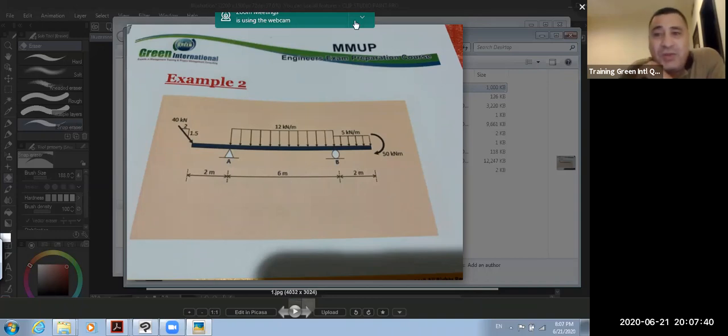I will focus on the exam. I will solve this one on WhatsApp and I will send it. I will take my notes, guys. Example number 2, I will solve it for you. Inshallah, I will try tonight after I finish my class. Okay, let us go.